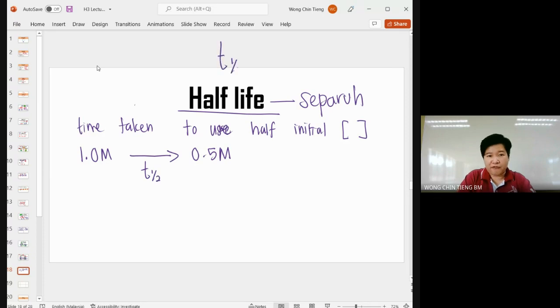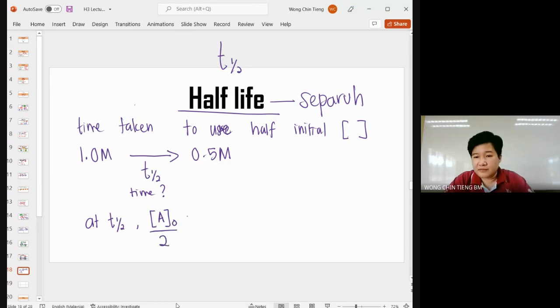That is what we call half-life. What is the time needed for 1 molar jatuh 0.5 molar? That is the half-life that we call. So in other words, at half-life, time equals to half, that means concentration initial will be divided by 2. Dia akan berkurang separuh.